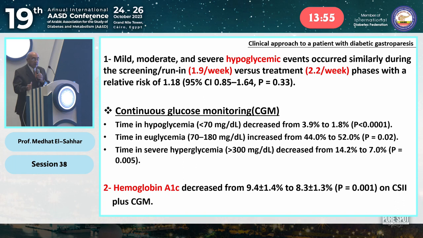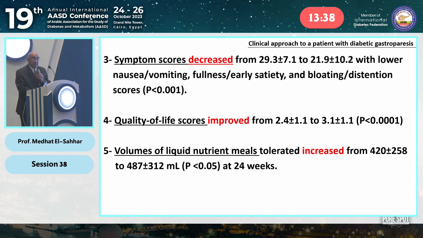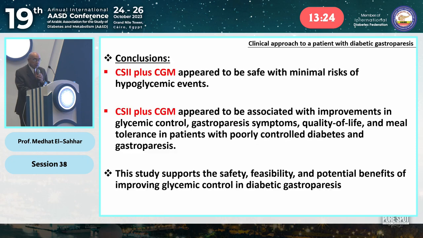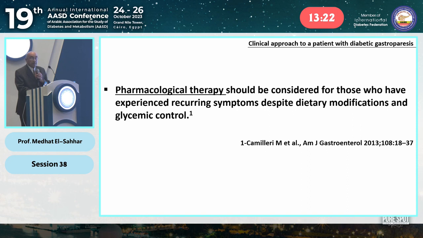The first, mild, moderate, and severe hypoglycemic events were comparable, either we applied the continuous glucose monitoring or not. Second, the glycated hemoglobin dropped from 9.4 to 8.3. Symptom score decreased. Quality of life scores improved. And the volume of liquid nutrient material tolerated increased. This means that continuous glucose monitoring can help us to improve the quality of life for the patient with gastroparesis.